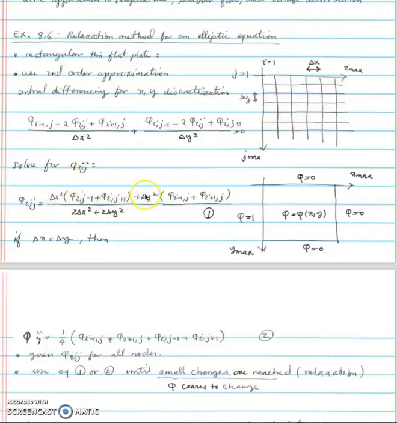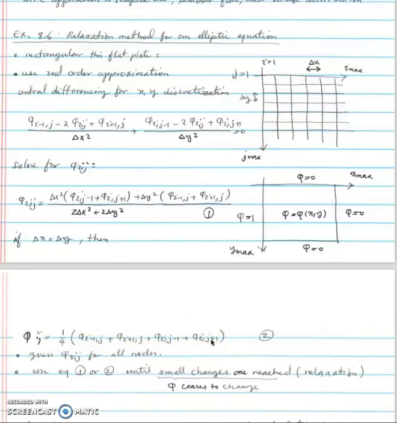Basically, these cancel out. Downstairs you get 2 plus 2 is 4. You get 1/4 of phi i j minus 1 plus phi i j plus 1, which are these two terms, and then we have phi i minus 1 j, phi i plus 1 j, which are these two terms. Okay, so to solve for phi ij, we need to know these four terms.